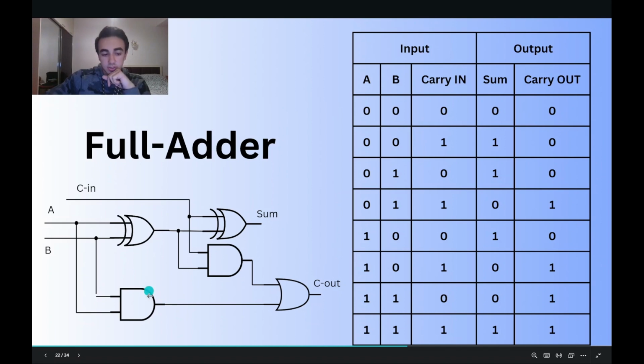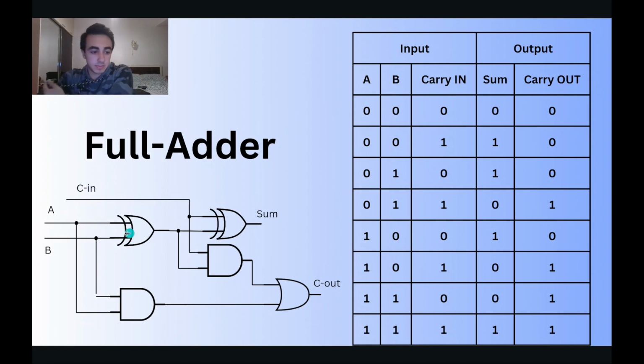The carry for only this operation would be 0. So their sum is 1, and when we take into account also the carry in, the carry in is 1.